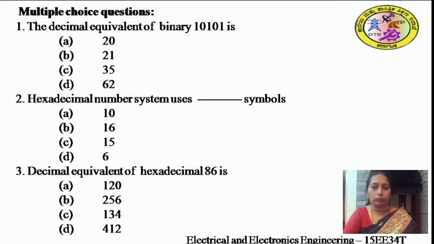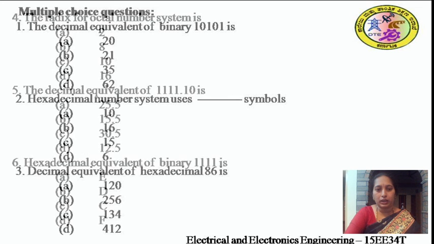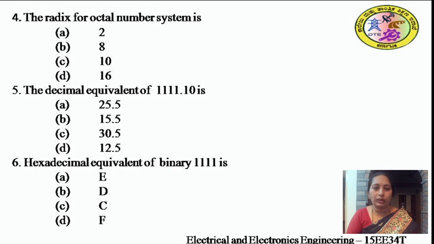Next is the decimal equivalent of hexadecimal number 86. How can I get this value? 8 into 16 to the power 1 plus 6 into 16 to the power 0. The answer is 134.